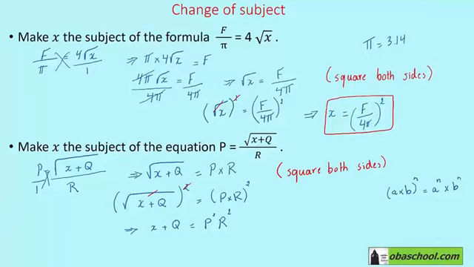And keep in mind, if it is positive on one side, once you flip it to the other, it would be negative. So, the answer would be x equal to, remember, we need to isolate x and keep it on one side. So, x is equal to p squared r squared minus q. And that would be the solution for the second example.